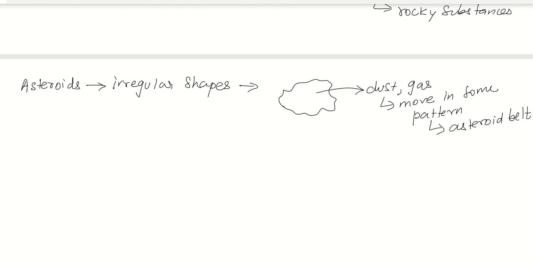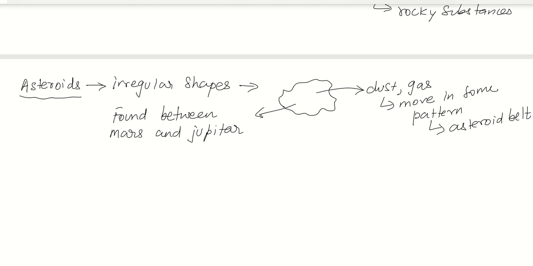These are found mainly between Mars and Jupiter. So what are asteroids?